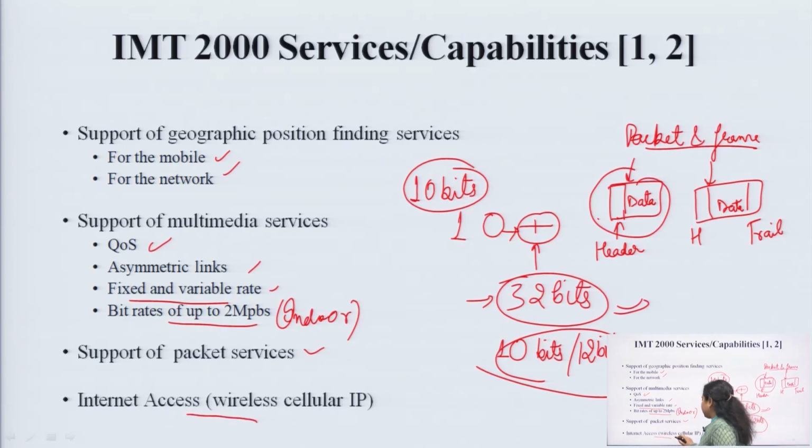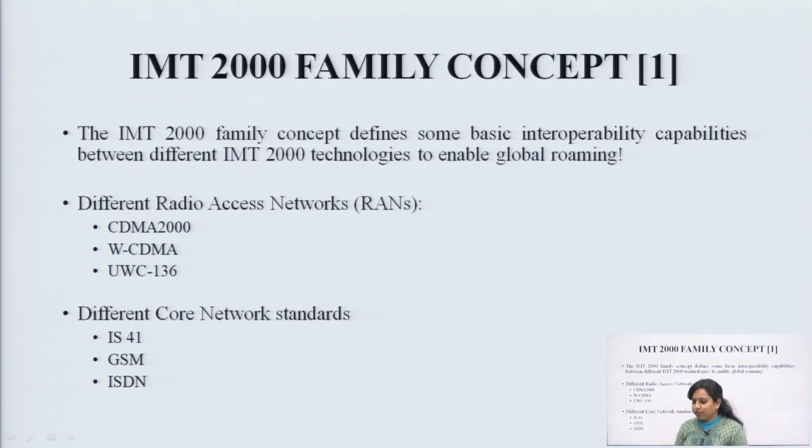Then internet access, wireless cellular internet protocol. So, this internet access it will provide throughout the globe. Then IMT-2000 family concept defines some basic interoperability capabilities between different IMT-2000 technologies to enable global roaming. Different radio access networks are there, like the first one is CDMA-2000.